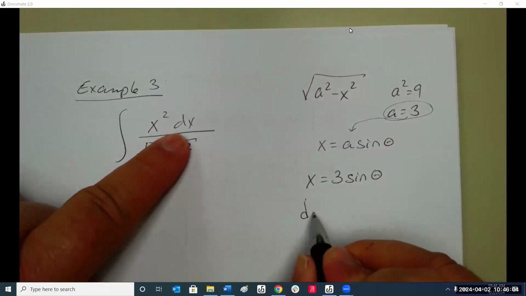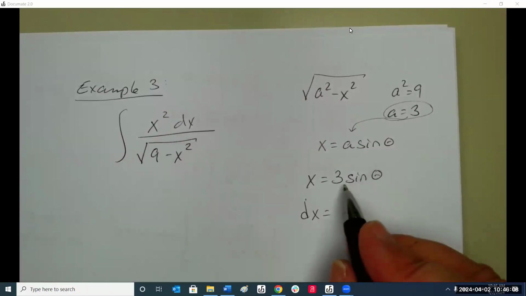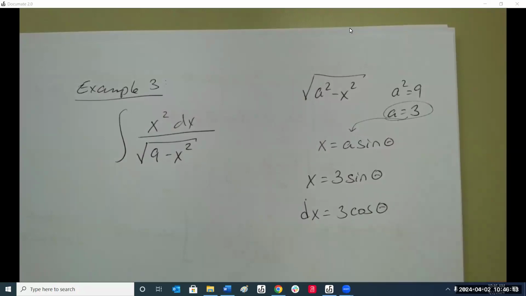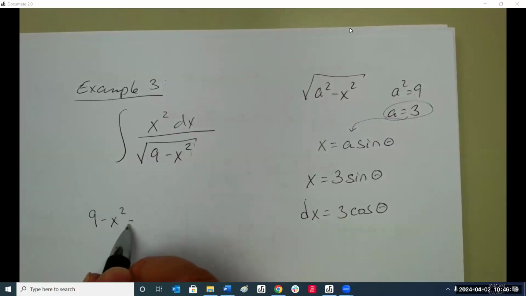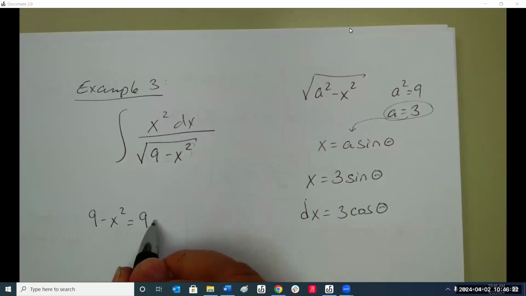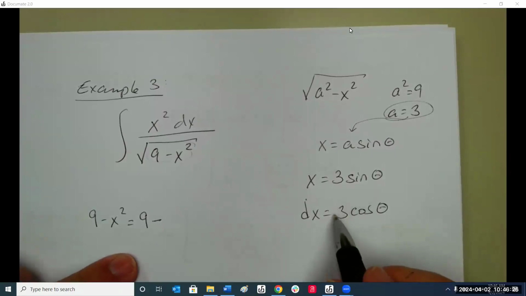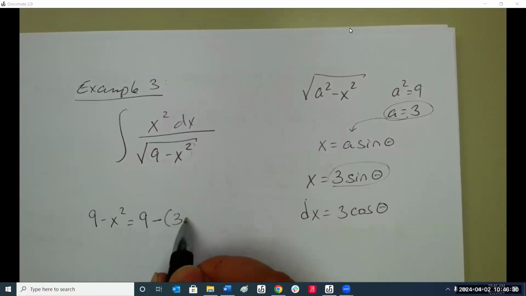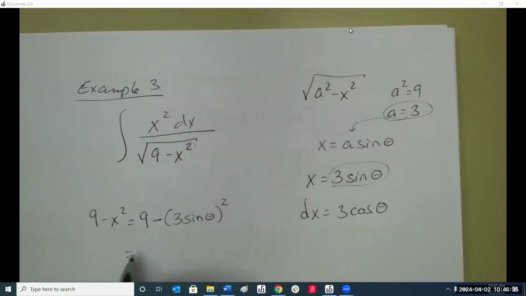So dx would be, the derivative of sine is cosine. So we have 9 minus x squared, 9 minus x, which is 3 sine, squared.